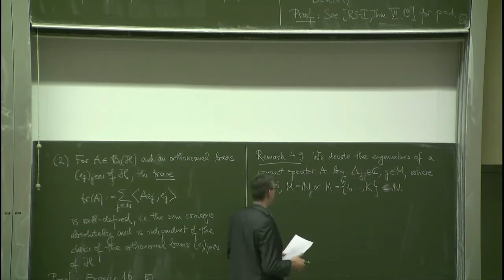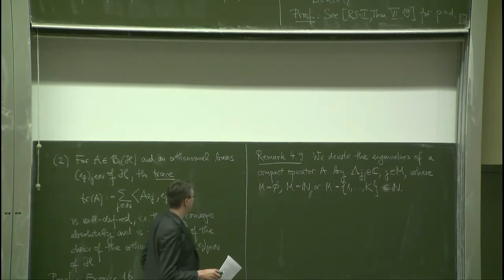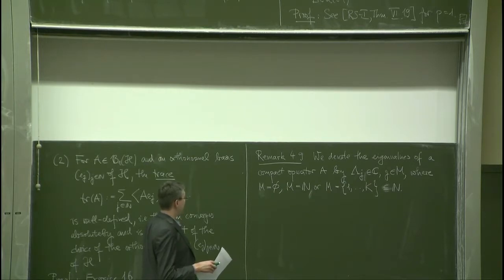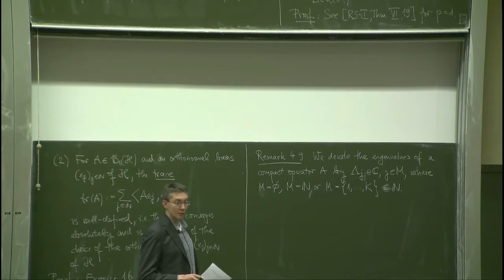And it's important to know that in the general case, so in the non-symmetric case, a compact operator may have no eigenvalues or only a very small number of eigenvalues.